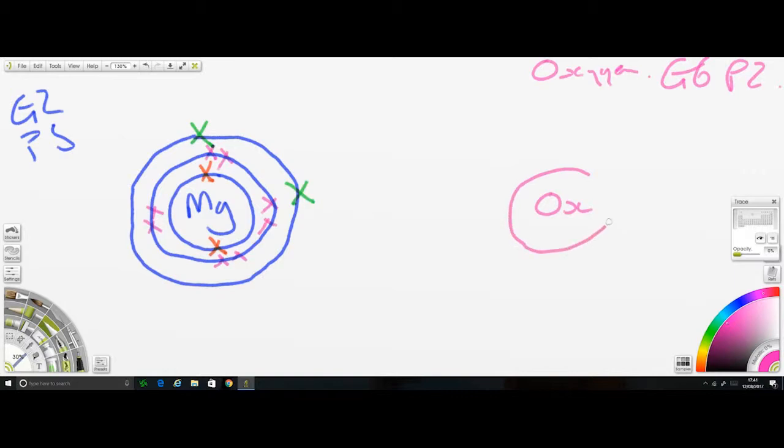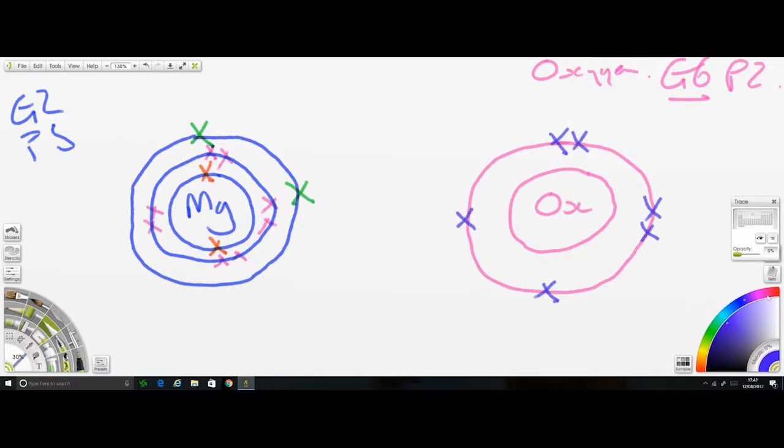So it's in period 2, so I've got 1 circle, 1 electron shell, 2 electron shells. Now it's in group 6, so that means in the outermost shell I'm going to have 6 electrons. So let me just put those on. 1, 2, 3, 4. Then you pair them up, 5 and 6. And in the innermost shell, of course, we only have 2 maximum, so it's 1, 2.